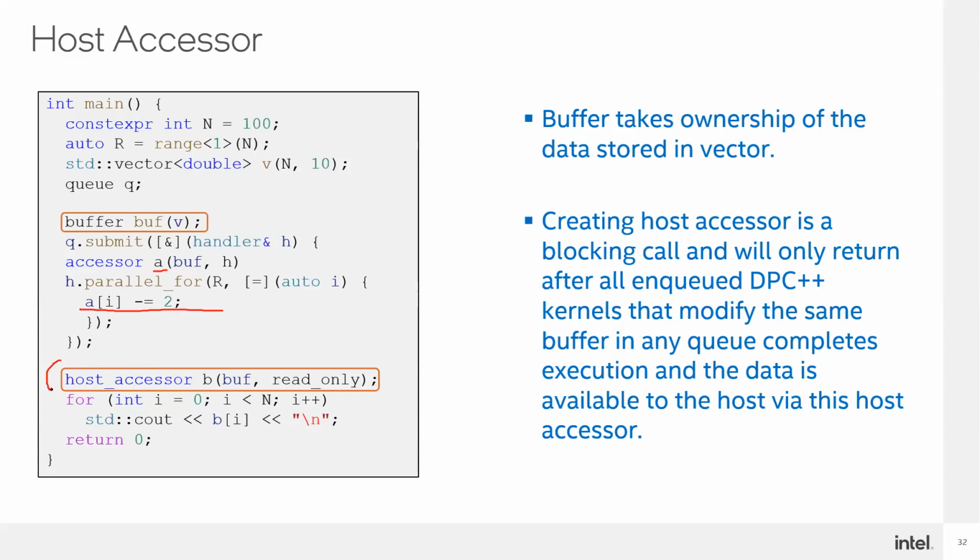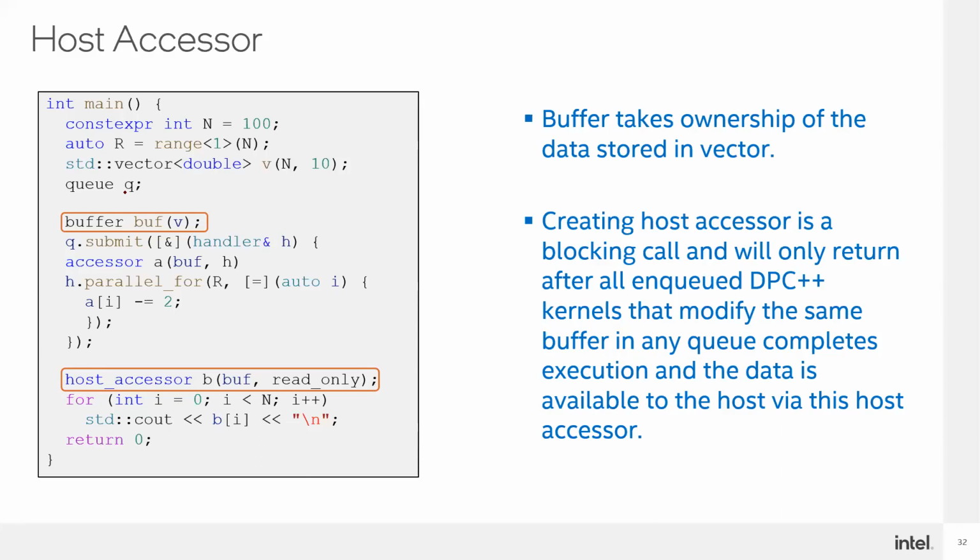It's a blocking call, which will only return after all enqueued DPC++ kernels modifying the same buffer are finished, of course. You need to be very careful with host accessors, because by using them, you can get a deadlock. So I wouldn't recommend it, but it's one of the ways you can do the synchronization.